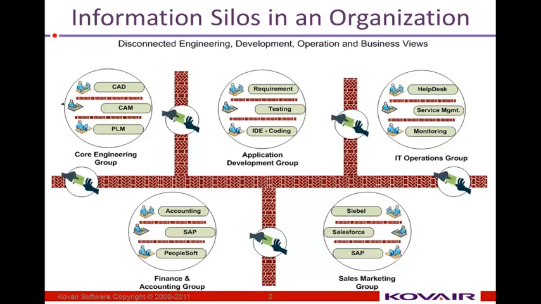So all of these individual software are acting as silos within the group, and between the groups, they of course act as islands. So you see all these brick walls. Those are created between the different kinds of applications within the group as well as between the groups. So our intention is to break down that wall, and we'd like to show you how we can actually do it very easily.